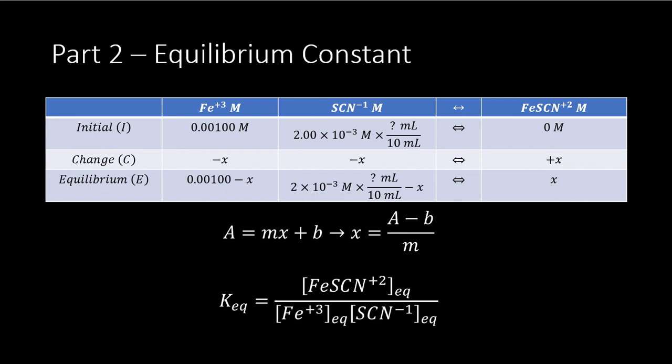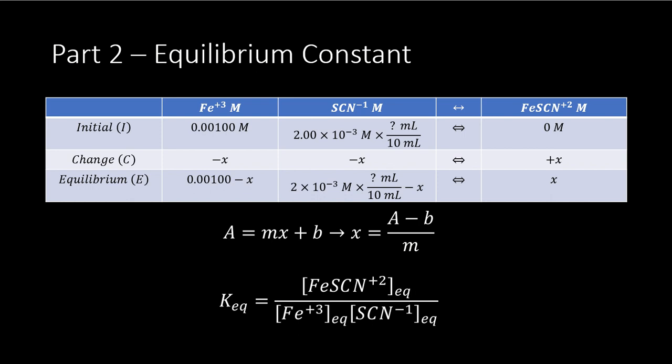Therefore, if absorbance equals the slope times x plus b, solving for x, we can, for each solution in part 2, quickly calculate its change factor by just taking the absorbance that is measured during that trial, subtracting the y-intercept, and dividing by the slope. That will get you your change factor, which is equal to your equilibrium concentration of iron thiocyanate.